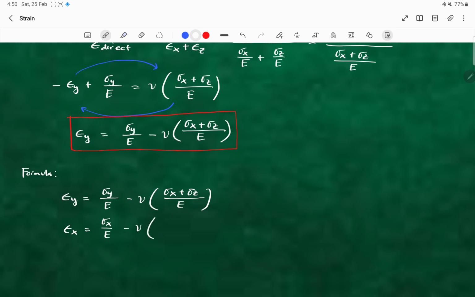And ito naman, di ba kung y to, so x and z, no? So ito magiging y, ito magiging z over e. And if you want to compute for the strain along z, so this becomes z over e. Parang pattern lang. So kung z ito, so dito is x tsaka y.